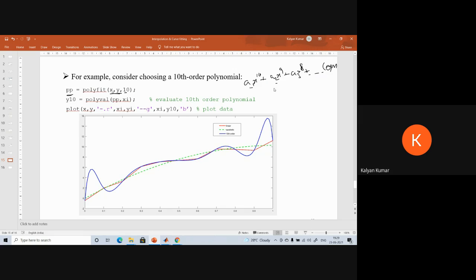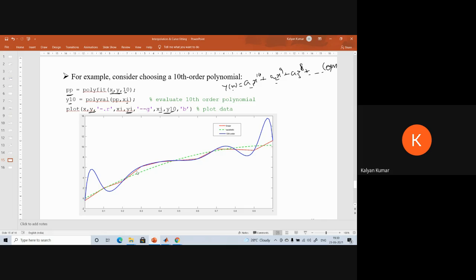Now, using this equation, this is y of x. So here, if you choose that same 100 points that I have used for xi, for that 100 points, if you compute the y values, and the y values are stored in y10, and if you plot the graph by taking xi on x-axis, y10 on y-axis, then you can compare all the 3 graphs, that is linear equation graph, quadratic equation graph and 10th order equation graph.